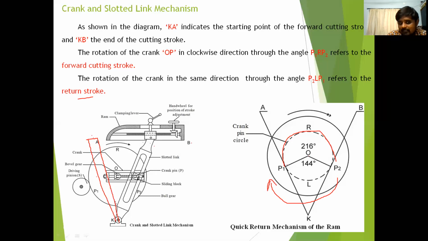Initially, this sliding block will rotate from this point to this one, and the slotted link will move from point A to point B. Again, after completion of the forward stroke, if the sliding block completes the remaining rotation, automatically the slotted link will move from B to A. That is called the return stroke. So this angle P2L P1 is called the return stroke angle, and P1 or P2 is called the forward stroke angle.